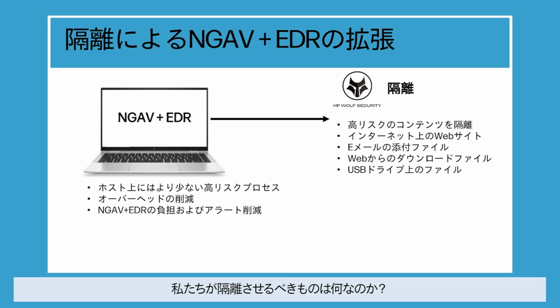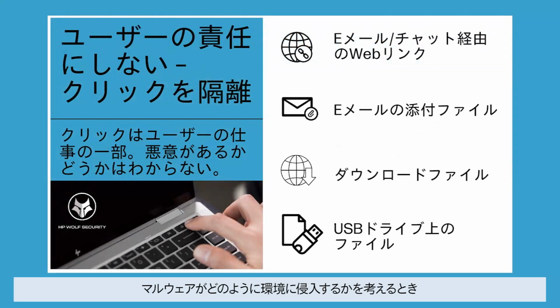So what is it that we should be isolating, and why should we be isolating things? Well, when you think about how malware gets into an environment, the vast majority of breaches start with a user clicking a link, a user downloading a file, a user opening an email attachment, a user plugging in a USB drive.